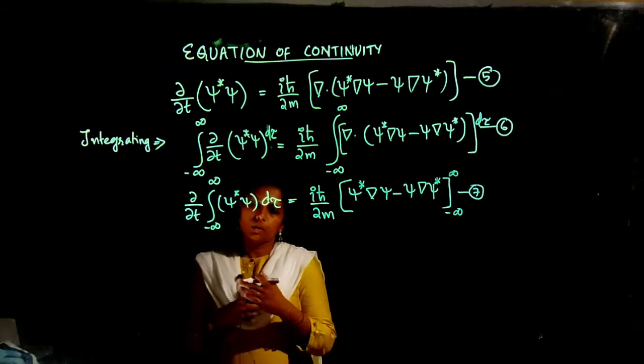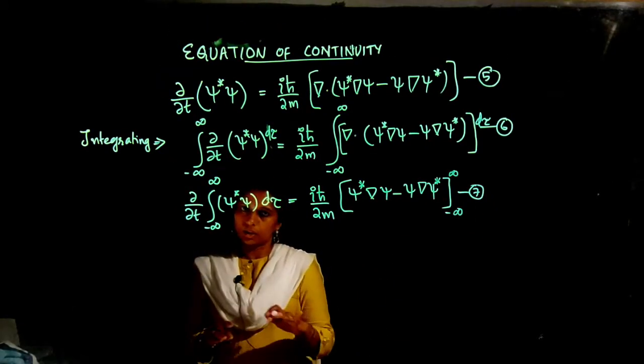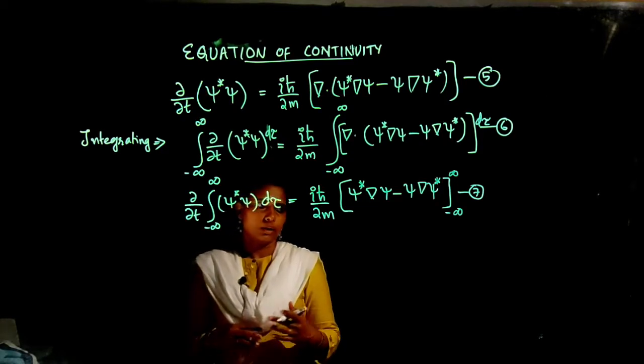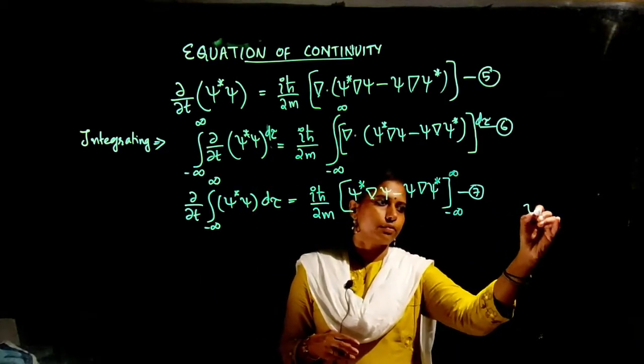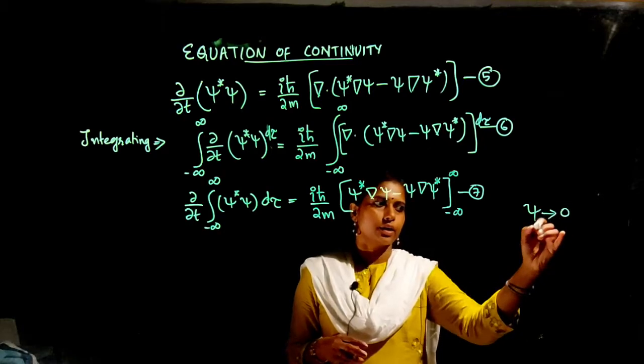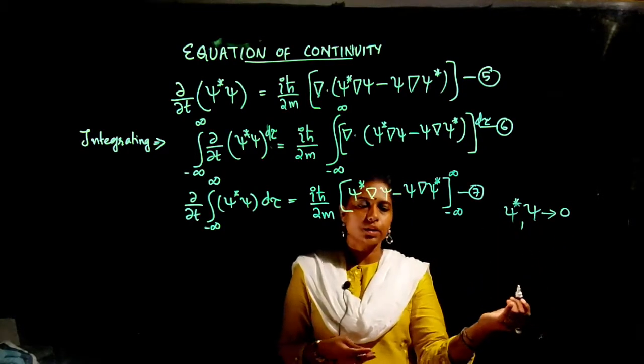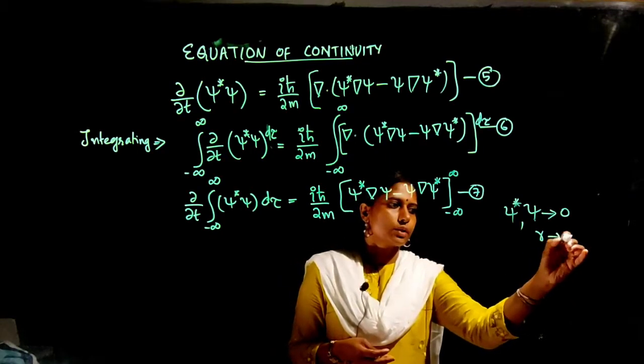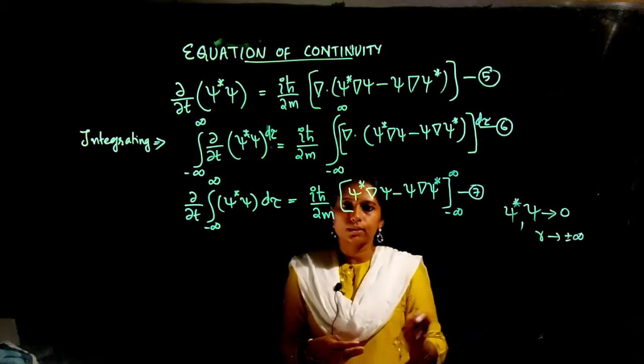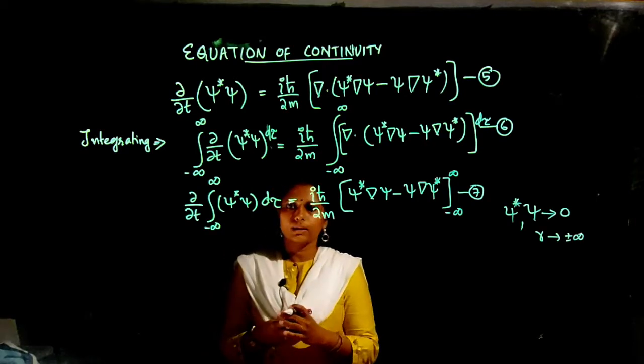If we have a localized wave packet, which is the usual scenario, then the condition is that the wave function ψ as well as its complex conjugate must vanish when r tends to plus or minus infinity. So this is the case with a localized wave packet.